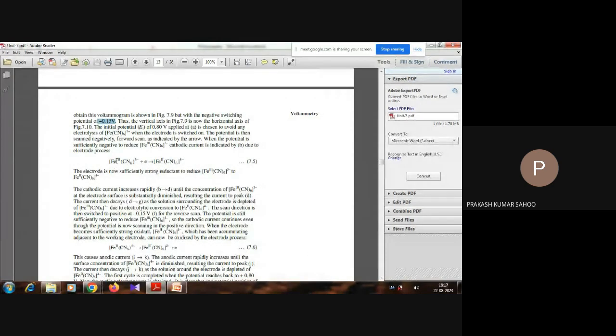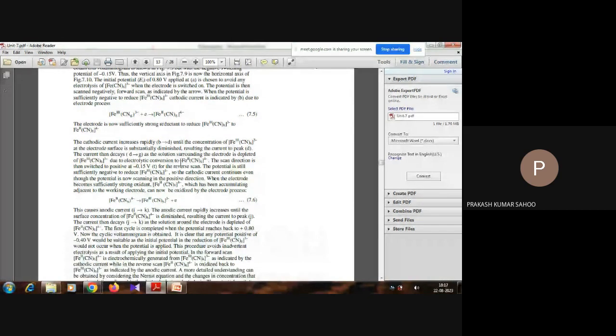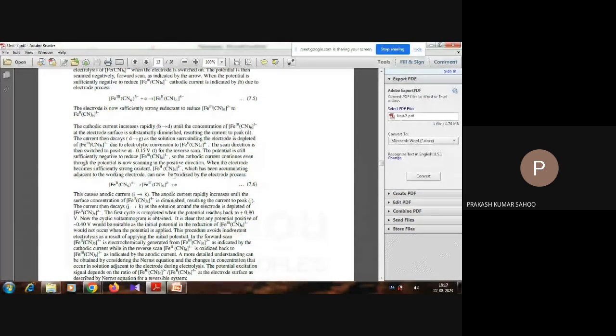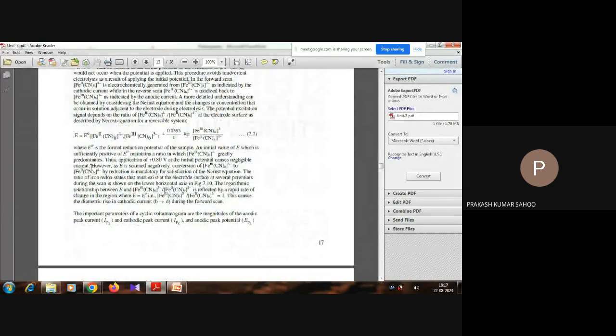It is ferric to ferrous. That means it is a reduction, plus 3 to plus 2, with the gain of one electron. Then the equation will be the Nernst equation.